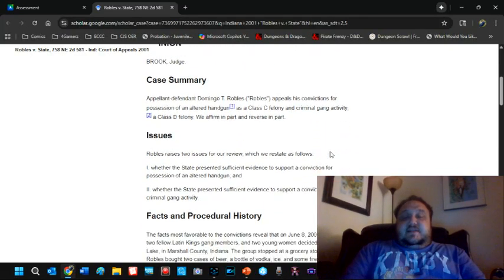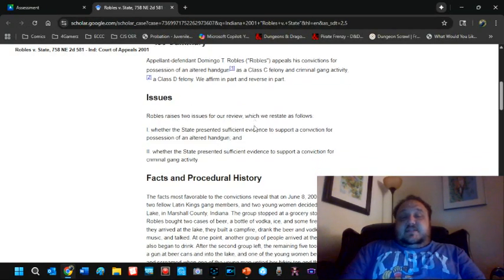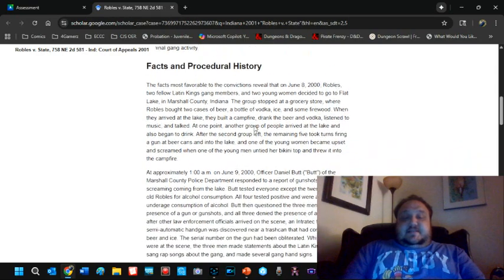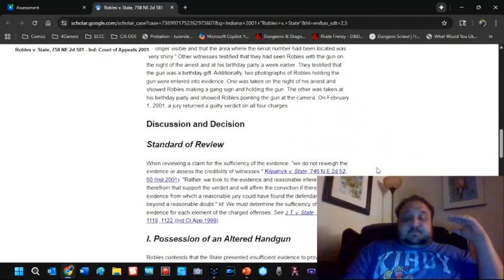And then we have things like this. We have the case summary, where we get a very brief overview of the case at hand and some issues that were brought up in this particular instance. Then we have the facts and procedural history, basically the rundown of everything that happened that led to this individual's arrest.